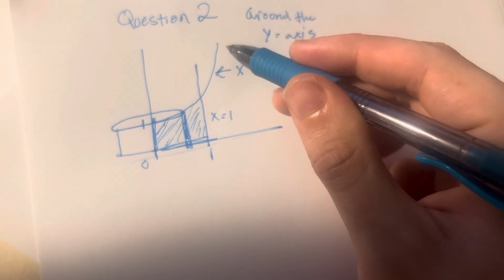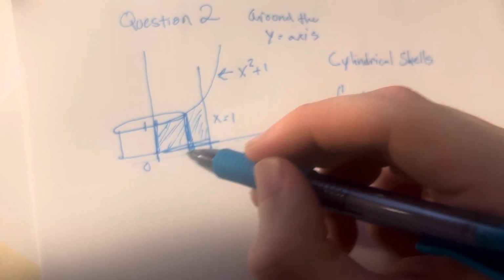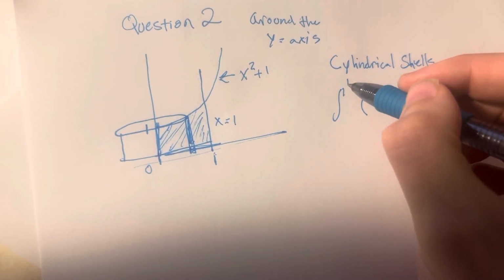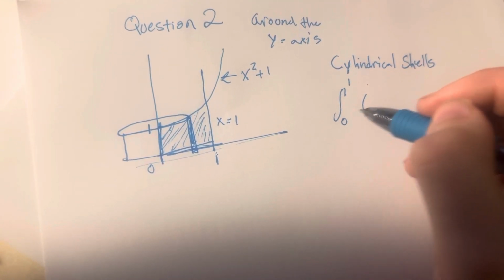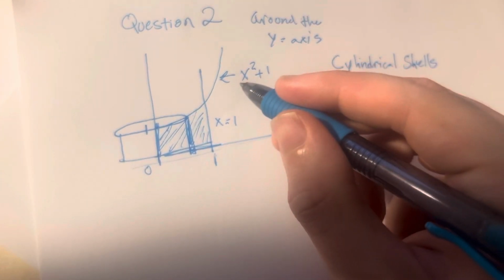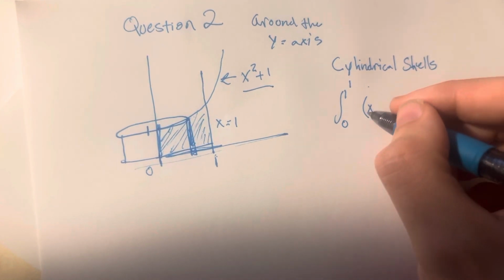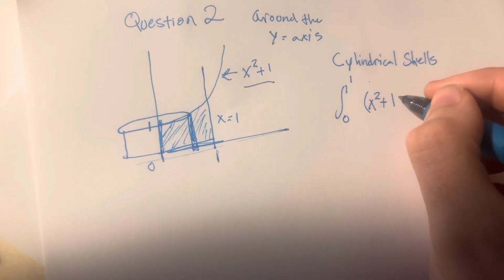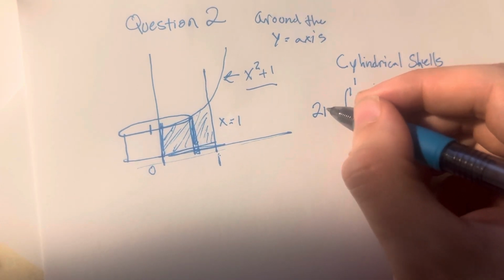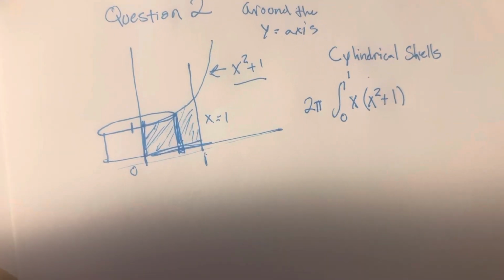Since we're using cylindrical shells, we can just take the upper function, and then this x equaling 1 would act as a limit. So it'd be the integral defined between 1 and 0, and our height would be x squared plus 1 for this problem. So it'd be x squared plus 1 multiplied by x. Also, the entire integral will multiply by 2 pi.